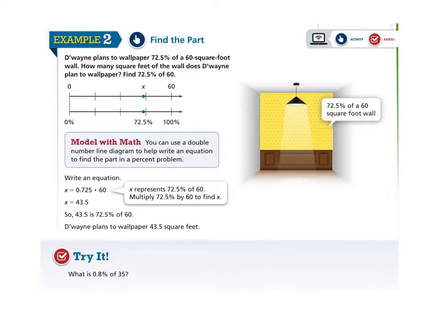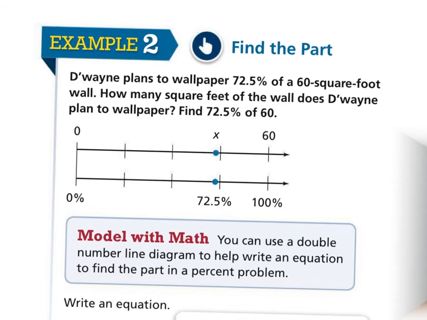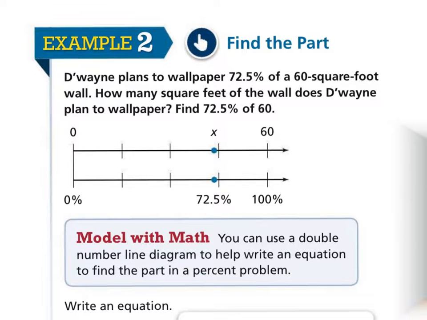Example 2. Dwayne plans to wallpaper 72.5% of a 60 square foot wall. And the question is, how many square feet of the wall does Dwayne plan to wallpaper? So in order to do that, we're going to have to find 72.5% of 60.